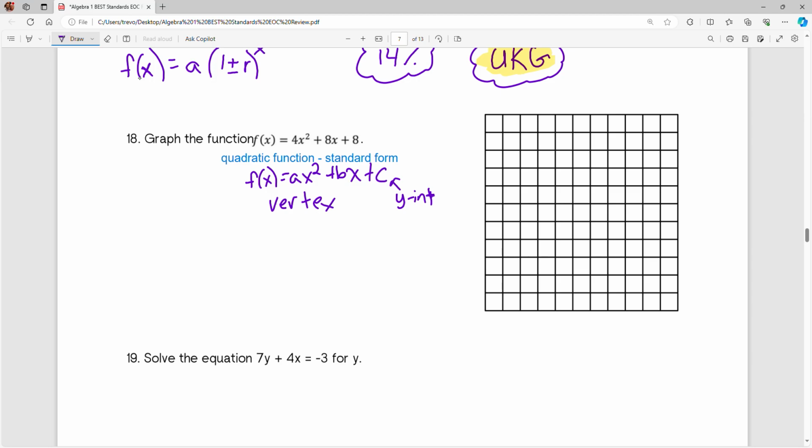So for me to get the vertex, my first order of business is to find the x coordinate for my ordered pair. I've got that formula memorized that says my axis of symmetry, or my x coordinate for my vertex, is b over a times negative 2.